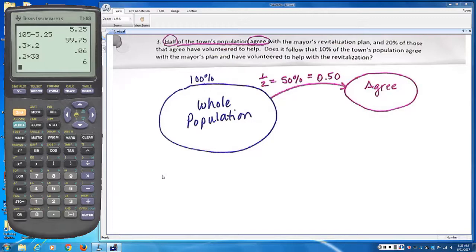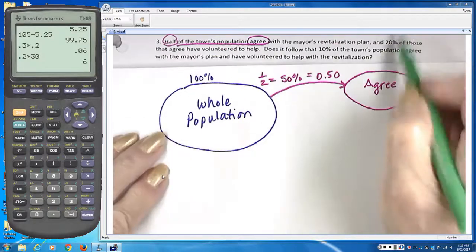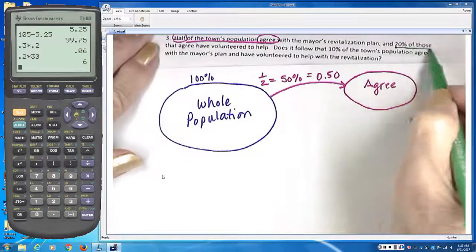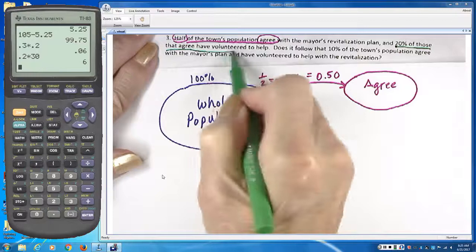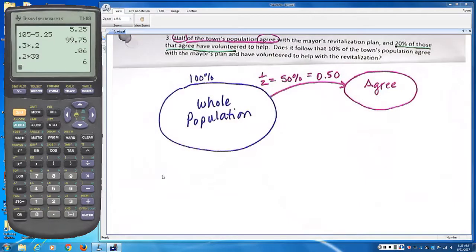And then it goes on to say 20% of those that agree, 20% only of the ones that agree, volunteered.